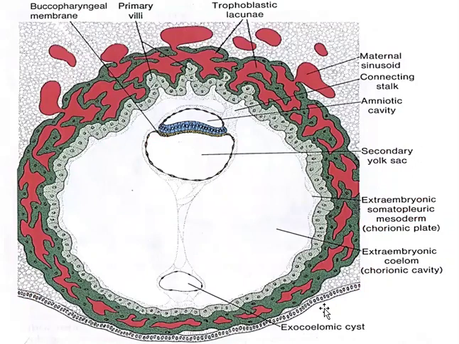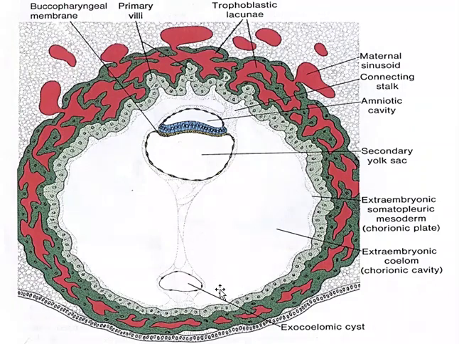This figure shows the extraembryonic coelom expanded, and here is the exocoelomic cyst, and there is formation of the secondary yolk sac after formation of the extraembryonic coelom. Here the embryo is connected with the connecting stalk, with epiblast and hypoblast, and so we have three cavities: the amniotic cavity, the secondary yolk sac, and the chorionic cavity with a small cyst called the exocoelomic cyst.